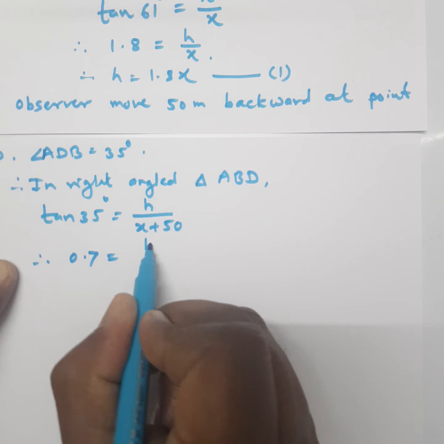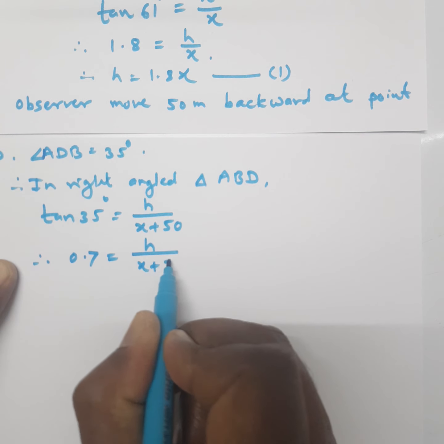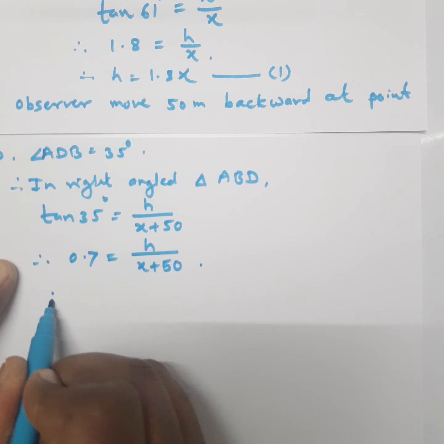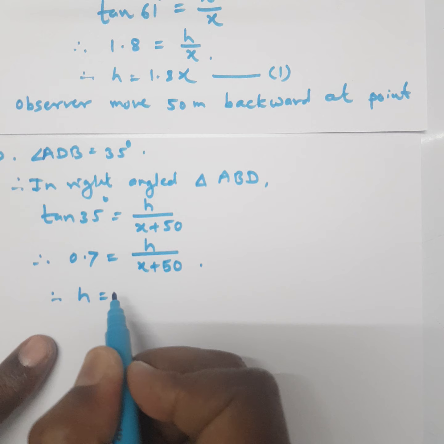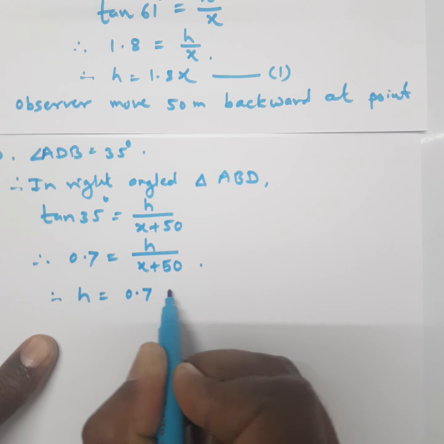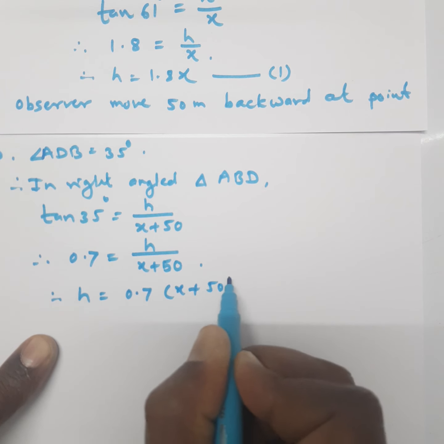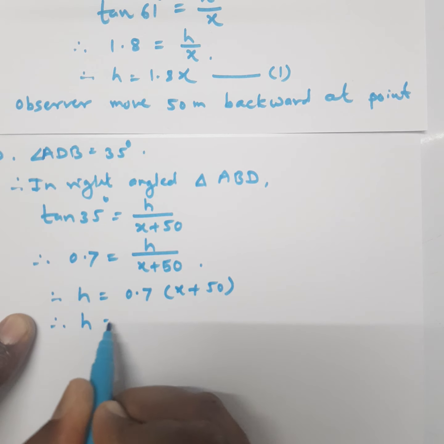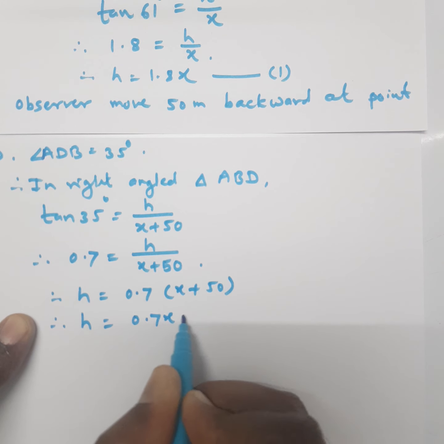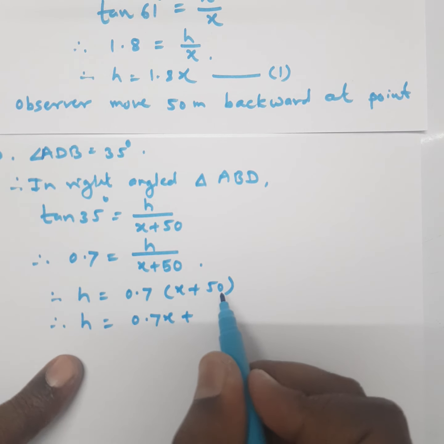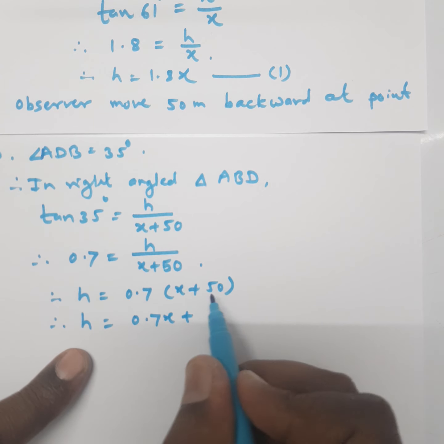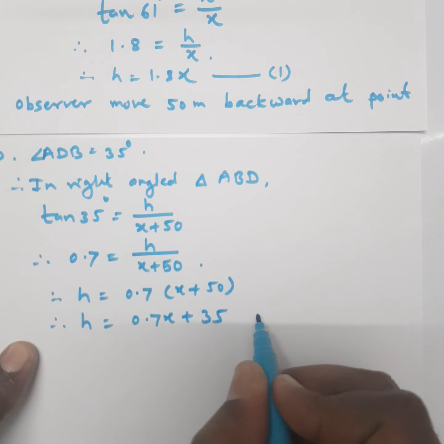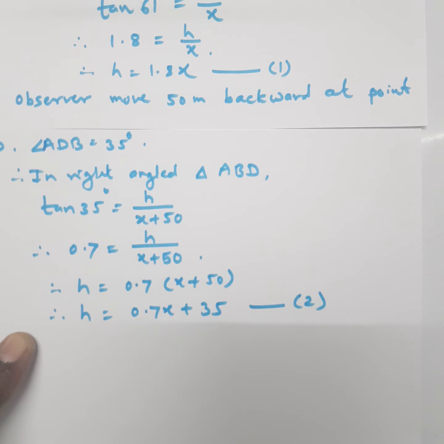Therefore 0.7 is equal to h upon x plus 50, means h is equal to 0.7 into x plus 50. Therefore h is equal to 0.7x plus 0.7 into 50. 5 7 is 35. Therefore it will be 35. Let it be equation 2.